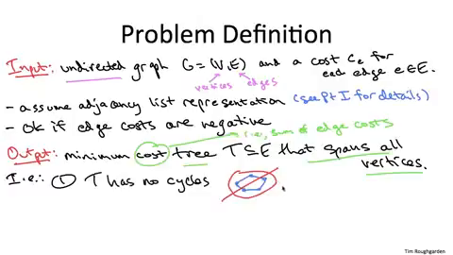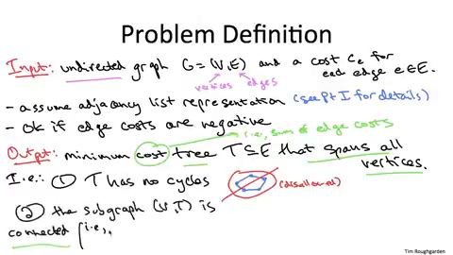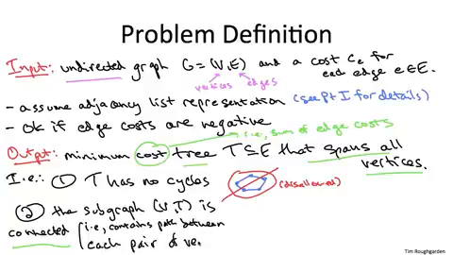This subgraph T should have 2 properties. First of all, there cannot be any cycles. There cannot be any loops in this tree. And by spanning all vertices, what I mean is that this subgraph is what's called connected. That is, there's a path using the edges in T from any vertex of the graph to any other vertex. That's what it means to span all of the vertices.